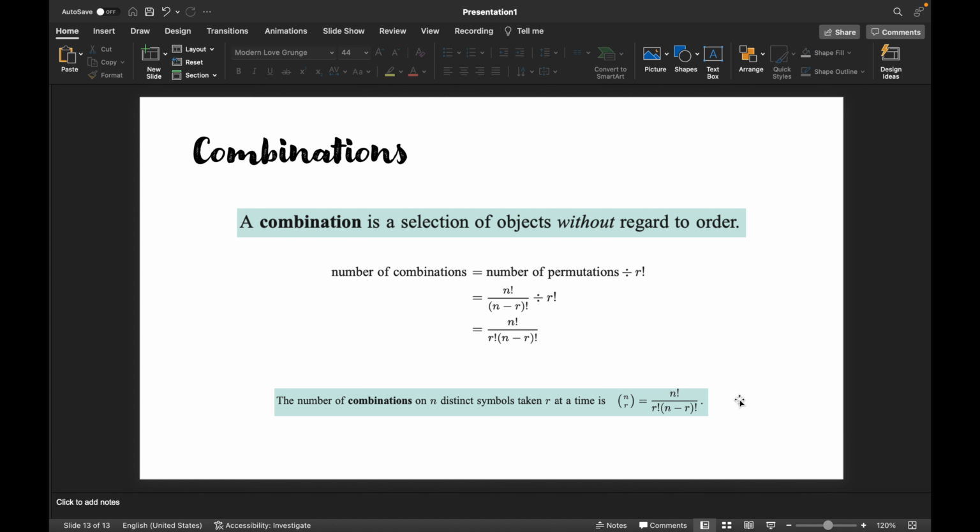So the number of combinations is the number of permutations divided by r factorial. And that's how we get the formula. And we've learned about the binomial coefficient. So nCr is n factorial divided by r factorial into n minus r factorial.